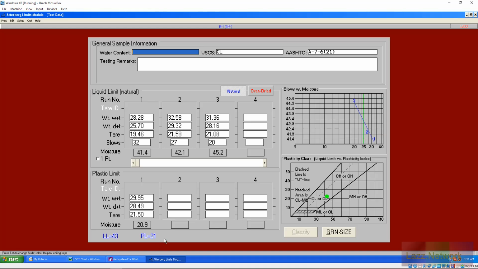To get your plastic index, it's your liquid limit minus your plastic limit, or your PI as they like to call it. Down here on this chart, the x-axis is your liquid limit, and the y-axis over here is your plastic index, or PI. So that's why it plots there.